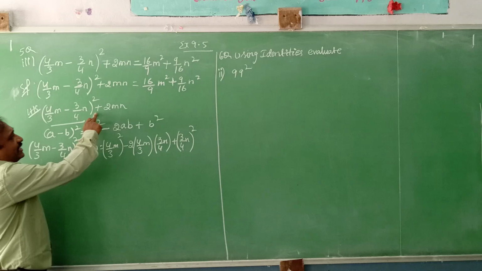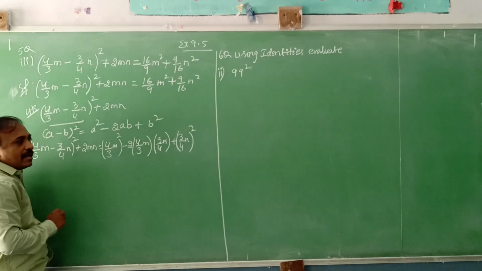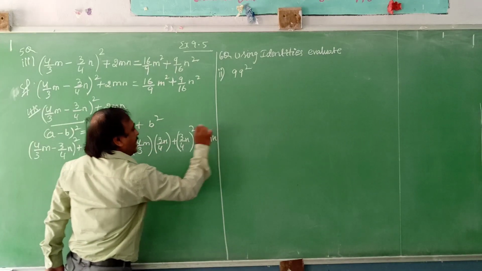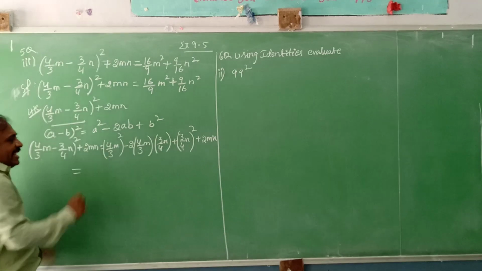We expanded this in the form of a square minus 2ab plus b square, plus 2mn.